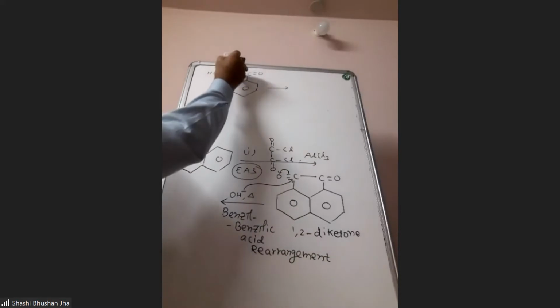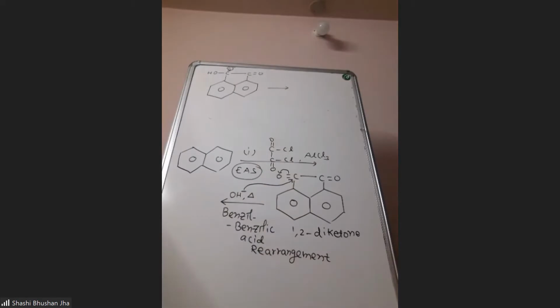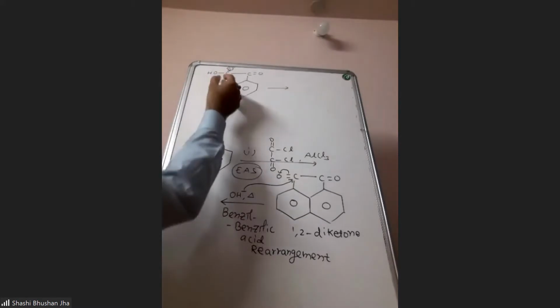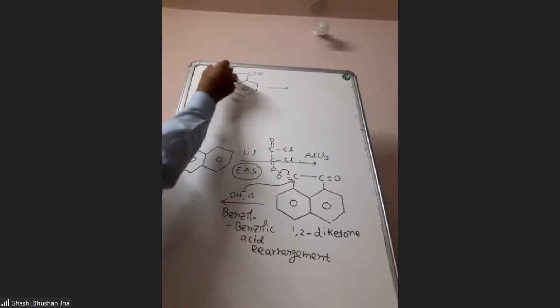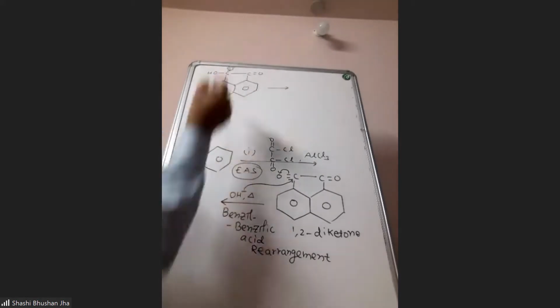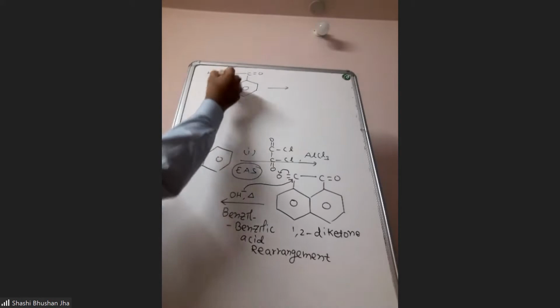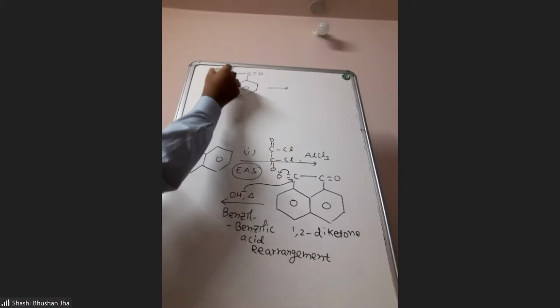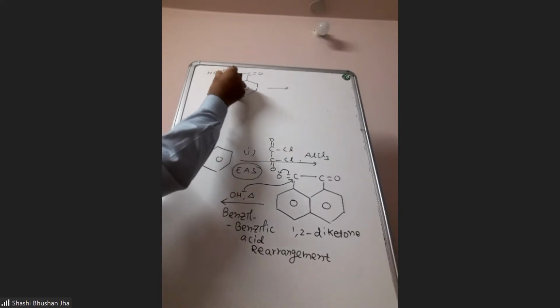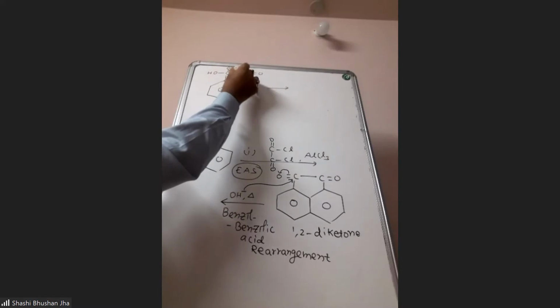In this rearrangement, the negative charge on oxygen delocalizes between oxygen and carbon, and then one alkyl group from this carbon migrates to the next carbon. Here, in place of alkyl, this phenyl will migrate, meaning this bond will be shifted here.